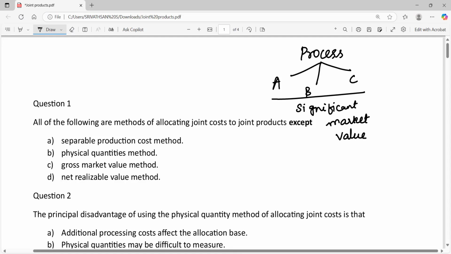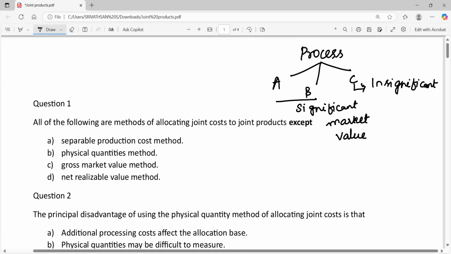What if they don't have significant market value? For example, let's say as an output of this process, we get product A, B, and C, but only product A and B have significant market value or a significant selling price. But the market value of product C is very insignificant.